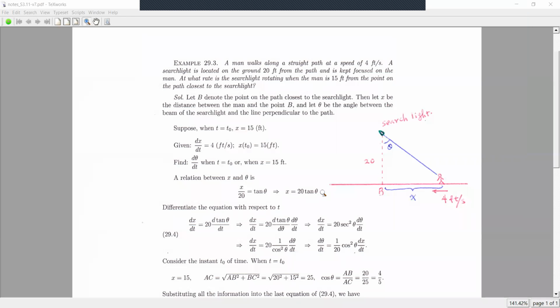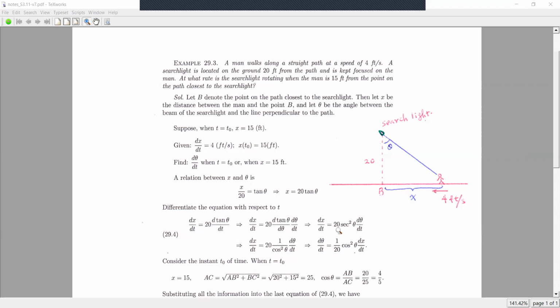Take the derivative with respect to the time t on this equation. Then we have this equation. Apply the chain rule to this derivative by inserting d theta to the bottom and to the top. We have this equation. The derivative of tangent of theta with respect to theta, by formula, is secant squared theta.